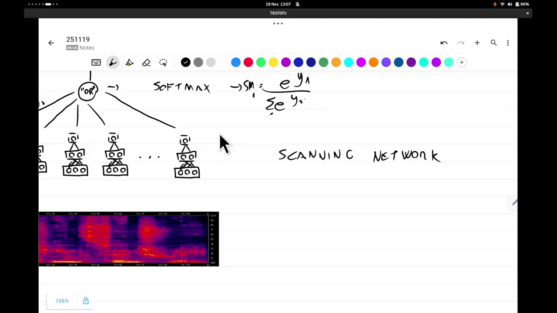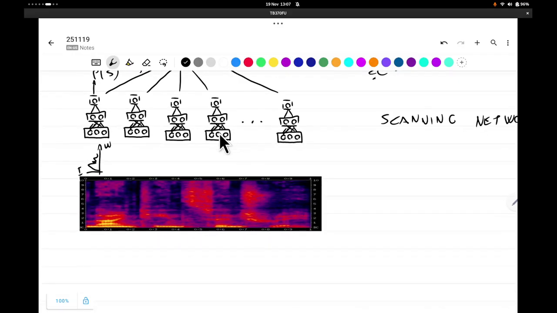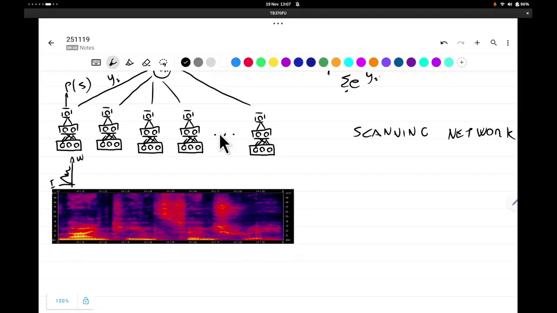You could think of it, instead of a small network like this scanning the signal, as an overall network where the first layer would be the union of all these first layers and so on and so forth. So you would have a large neural network, and I don't have to change anything in the picture, it would be exactly like this.